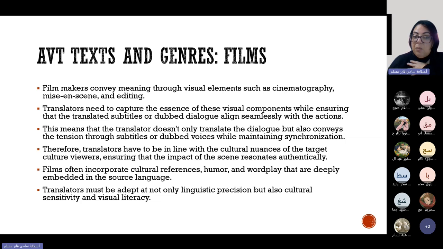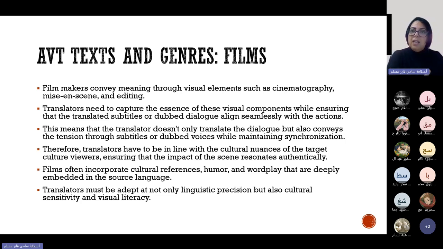Okay? This means that the translator doesn't only translate the dialogue, but also conveys the tension through subtitle or dubbing. Now dubbing, the voice is much easier, if someone is angry we know from his voice that he is angry, if someone is happy we know from his voice that he is happy.